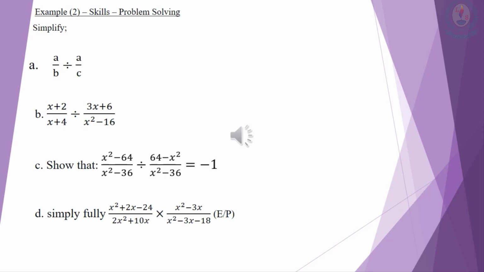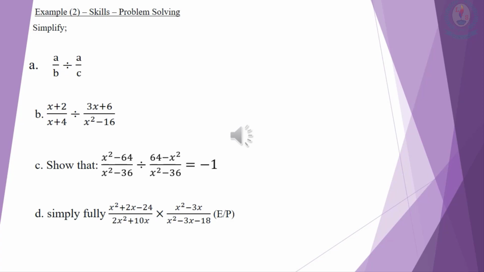Example 2, skills problem solving. Simplify. Part A, a over b divided by a over c. Part B, x plus 2 divided by x plus 4, the whole thing divided by 3x plus 6 over x squared minus 16.